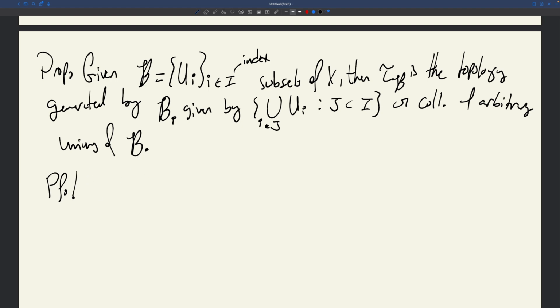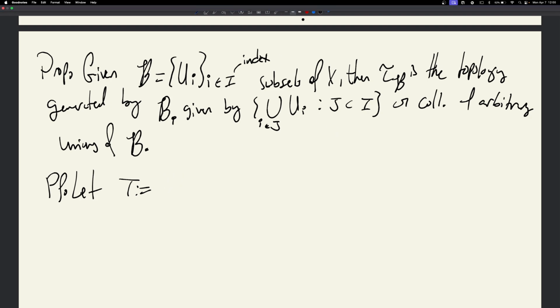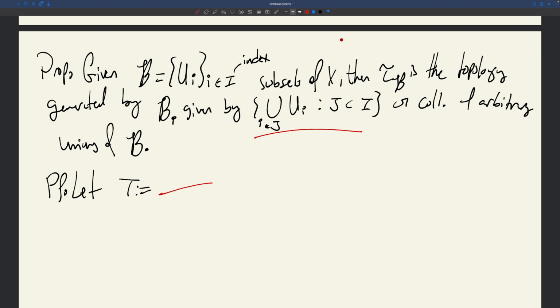Okay, so let T be defined as this set itself. I'll choose the color red. Let T be equal to that. Then tau of the basis, the topology generated by the basis, is going to be a superset of T. We know that phi is within T because we could take the union of nothing.